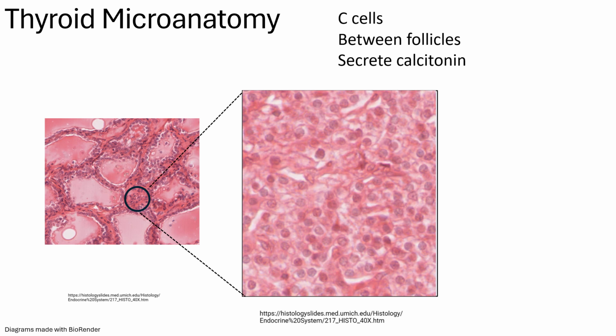Between the follicles, not touching the colloid, are the appropriately named C cells. C cells in the thyroid gland produce calcitonin. It's a hormone that lowers blood calcium levels and has nothing to do with your thyroid other than the fact that the cells happen to be in that organ.